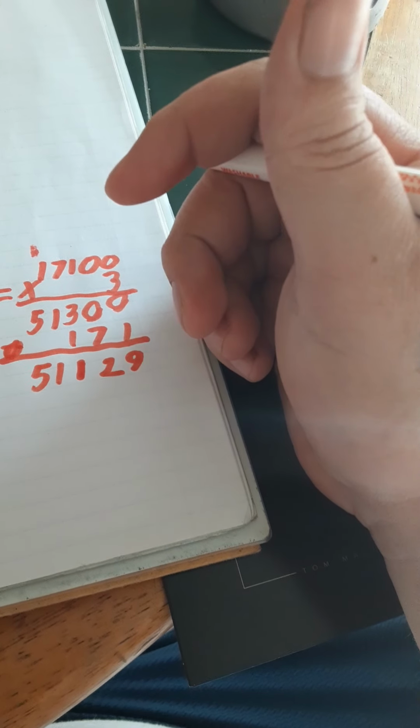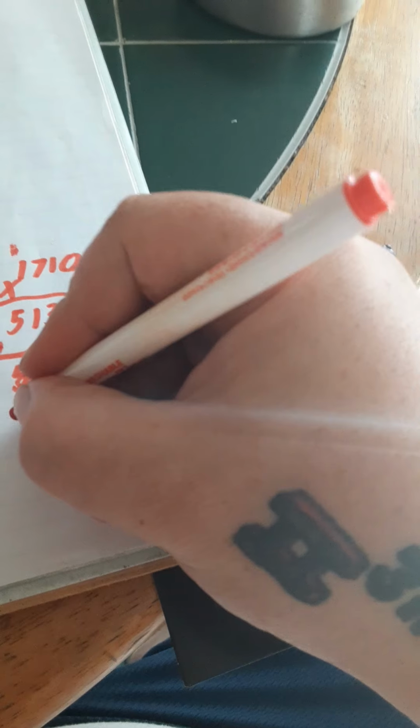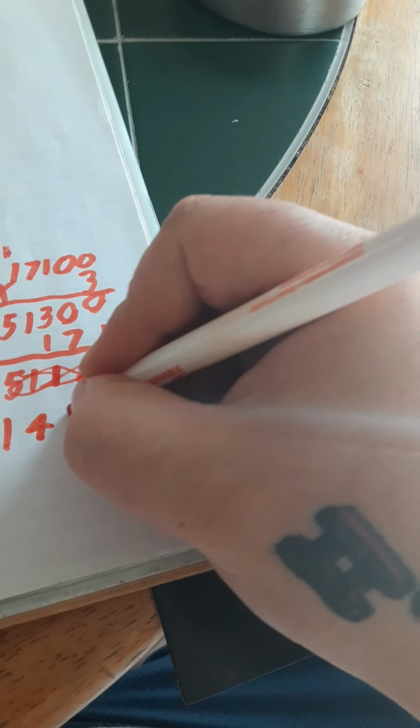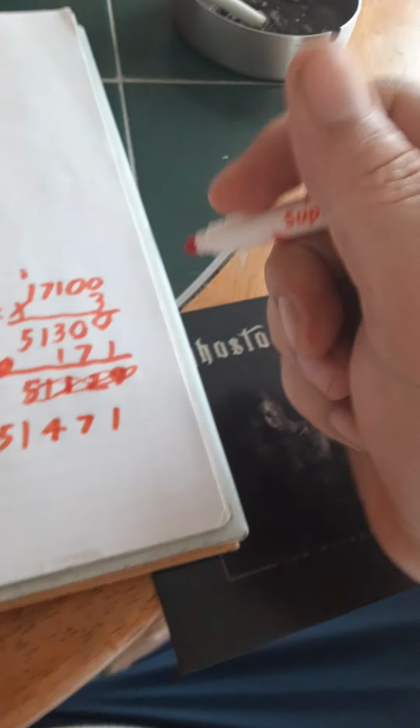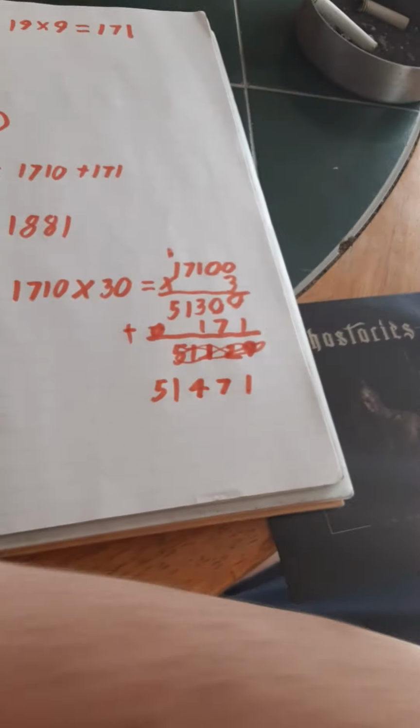Oh, well, never mind, because we want it to end in a 1, so we are going to add, which would be 5, 1, 4, 71. 50,1,000.